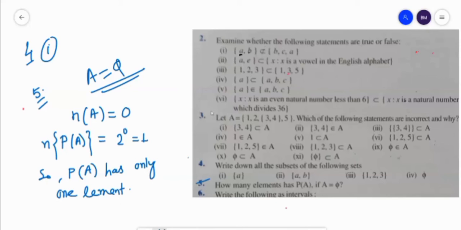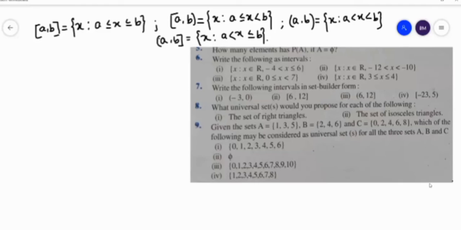Okay, next we will solve number 6. So question number 6, we will find the interval. Before finding the answer, see the definition of interval.